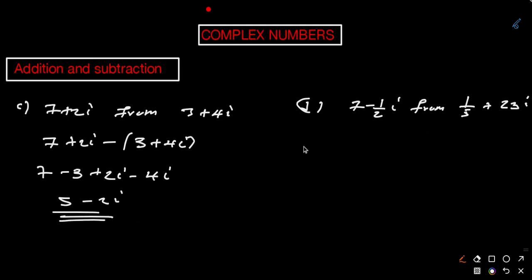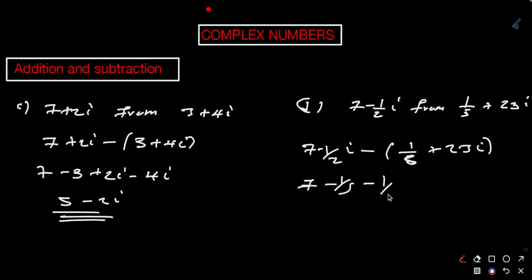What about this one? We have 7 minus 1 over 2 i, then minus, open bracket, 1 over 5 plus 23i. This one is going to be 7 minus 1 over 5, and then minus 1 over 2 i, and then minus 23i.